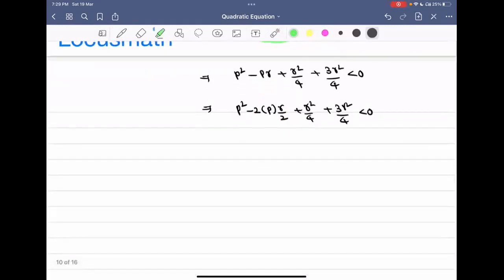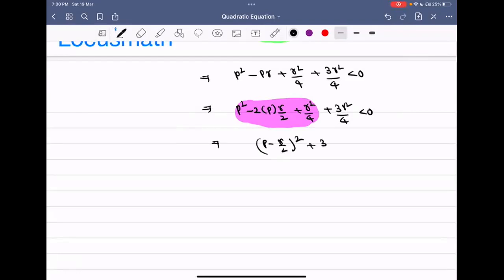Now if you observe this one, it's a perfect square. That implies p minus r by 2 whole square plus 3r square by 4 is less than 0. Yes, it's a perfect square.